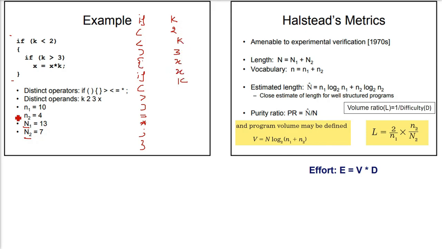Now the question will be, what is small n1 and small n2? These are distinct operators and operands. So now you just have to remove the duplicacy or multiplicity. Small n1 will come from the first column. If is already there, so one I have crossed and the other I have removed because it is repeating. Round bracket is also repeating. Angle bracket is not repeating.